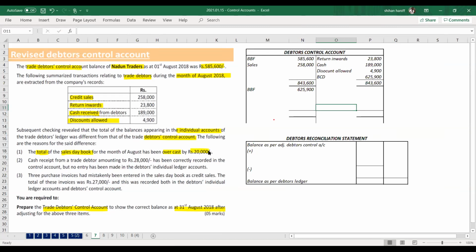Overcasted by 20,000. So that means here the sales is overcasted. So we have to credit overcasted sales, 20,000.